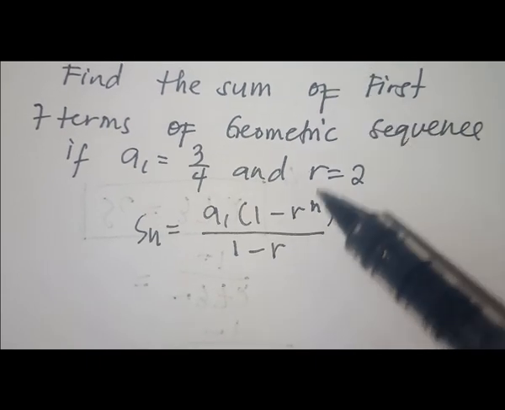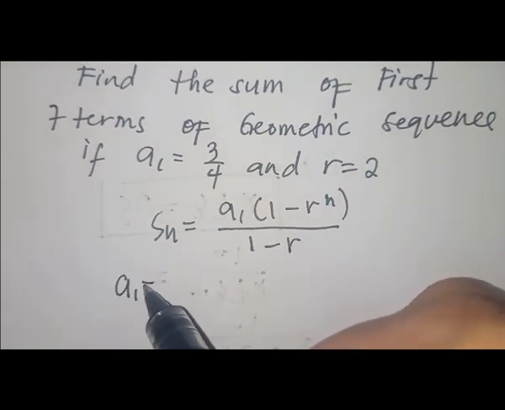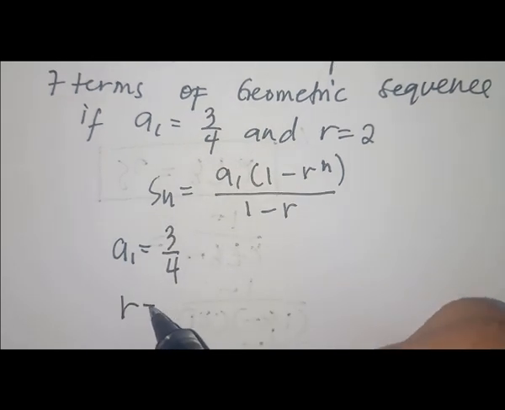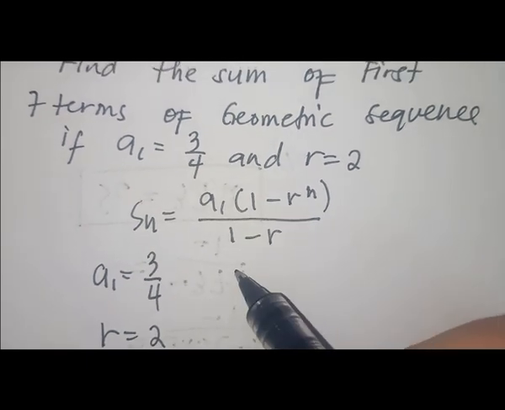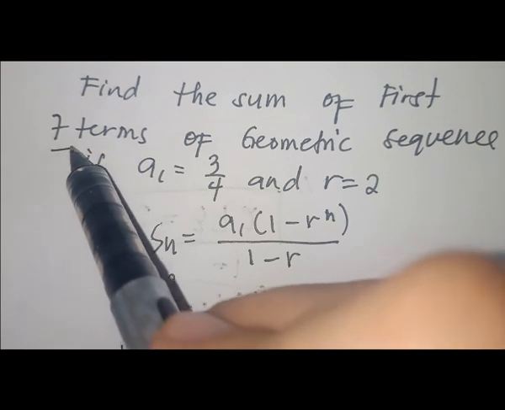In our problem, a sub 1 is 3/4, the common ratio is 2, and n is equal to 7.